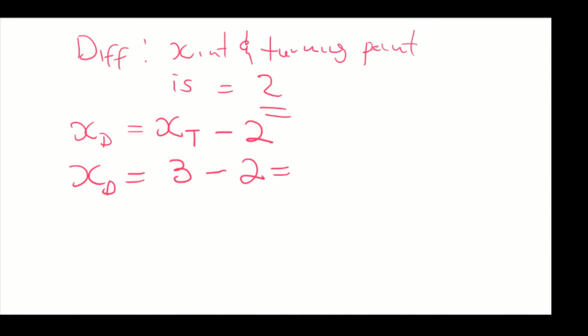So x of D is equal to 1. Therefore the coordinates of D will be 1 and 0.